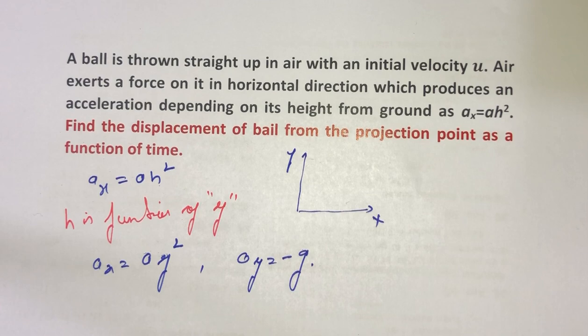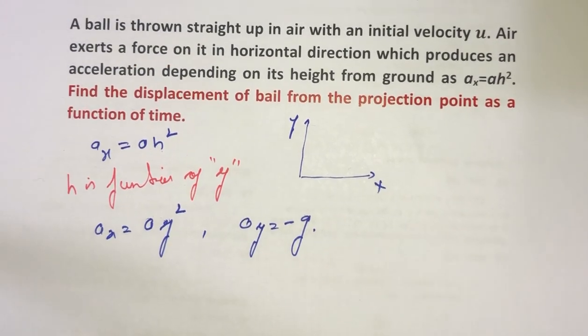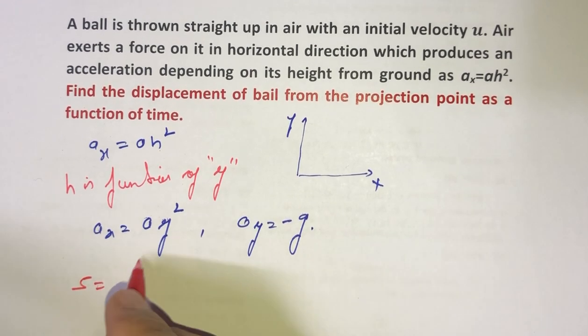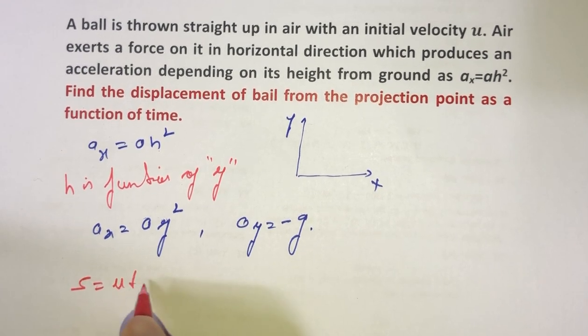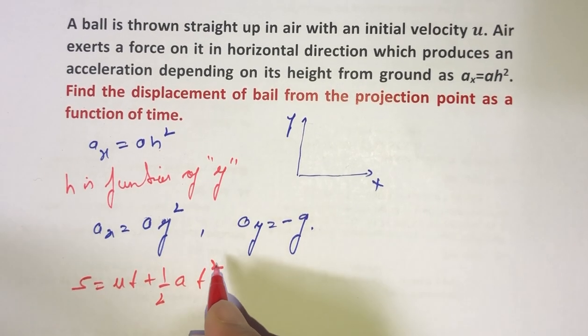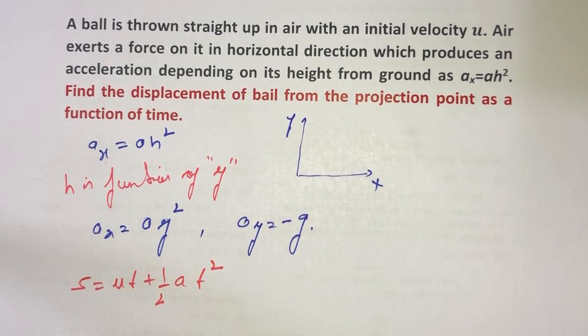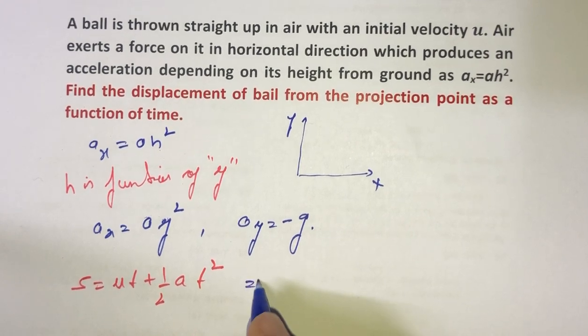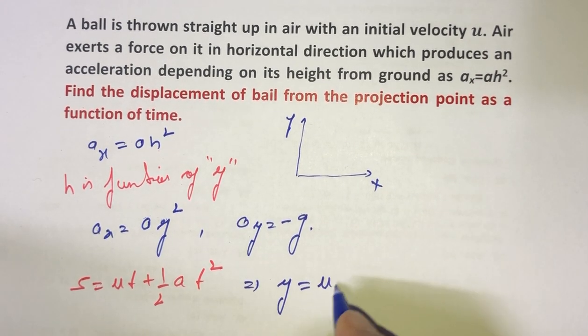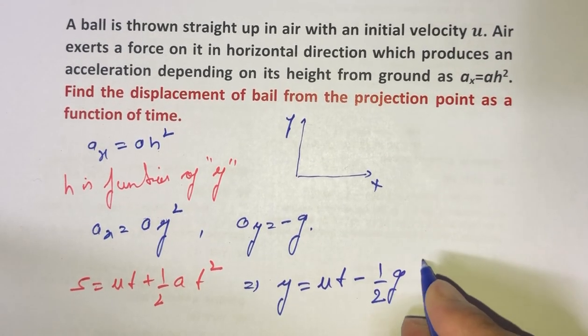So if we use the kinematics formula, that the distance s is equal to ut plus half at square, where s is equal to y, so y will be equal to ut minus half gt square.